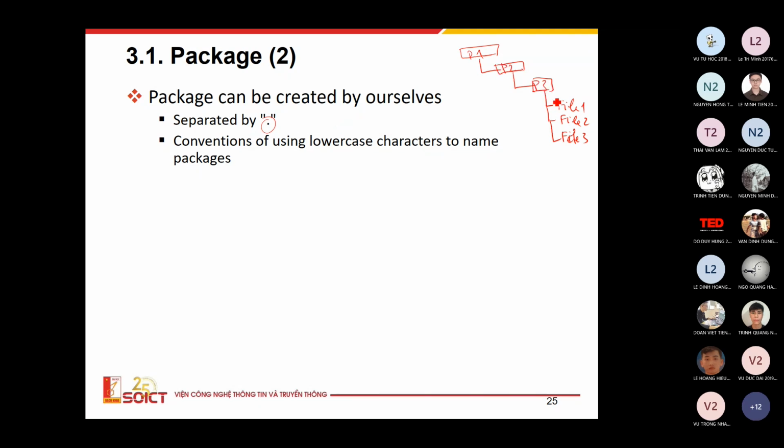So you can access the file 1 via the directory like this. To access the file 1, you can go through this directory. And by convention, you use lowercase characters to name the packet.